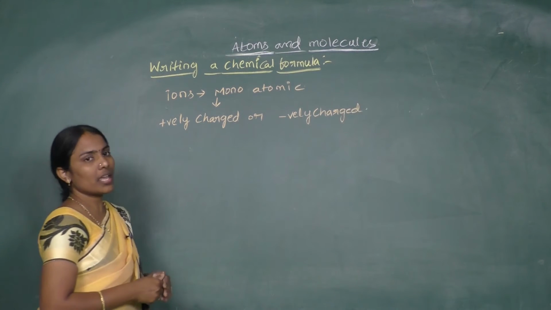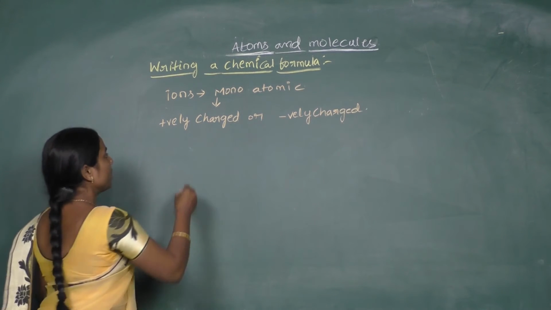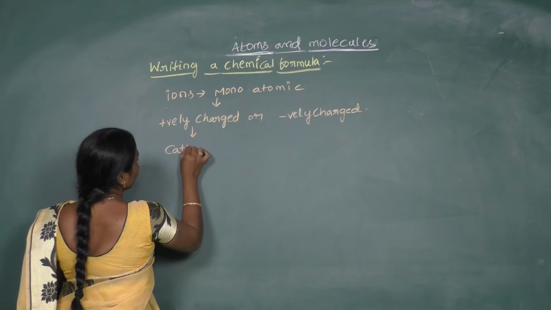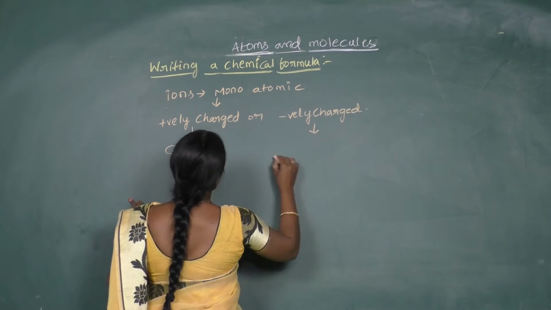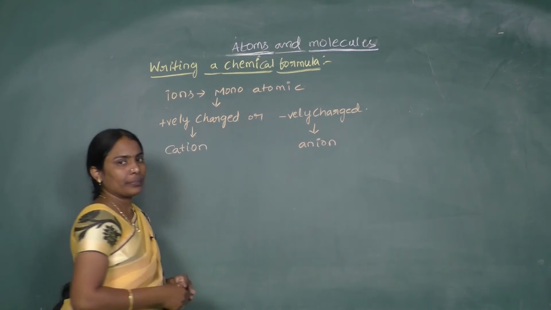Let's say our ion is a positively charged species. If the given ion is a positively charged species, we call it a cation, and the negatively charged species will be called an anion.